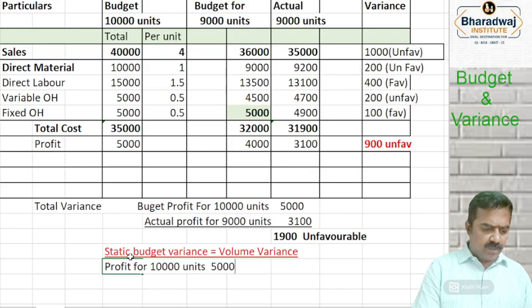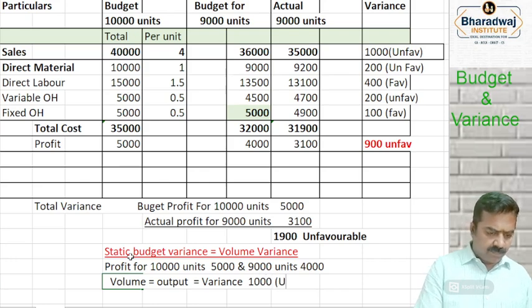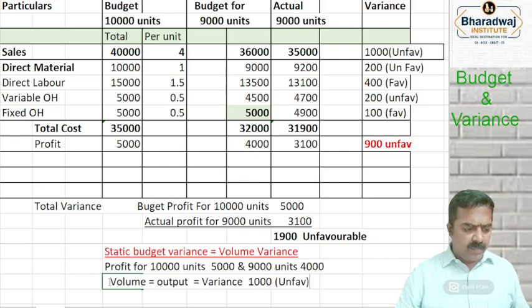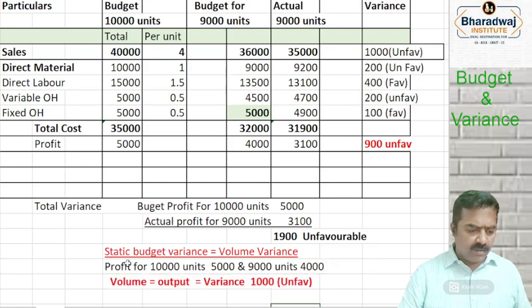Budgeted is 5,000. And 9,000 units is 4,000. So because of the volume, that is output, variance is 1,000 unfavorable.